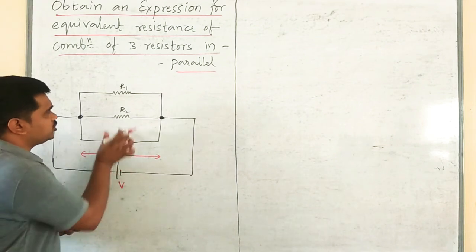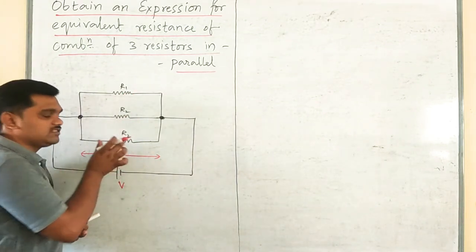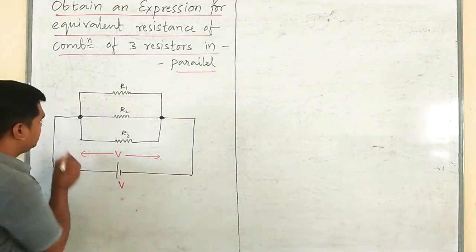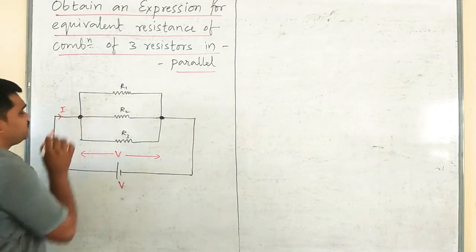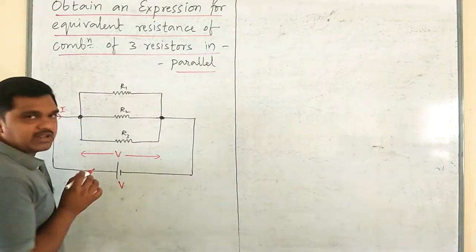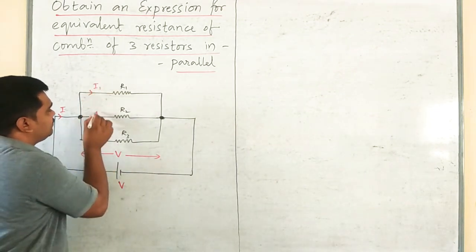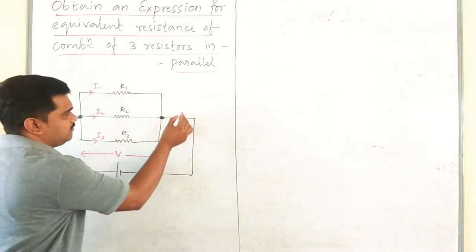Hence, the potential drop across R1 is equal to the potential drop across R2, which is equal to the potential drop across R3. Now, this battery or cell gives a current of I, for example. This I will split into I1, I2 and I3 for our convenience.